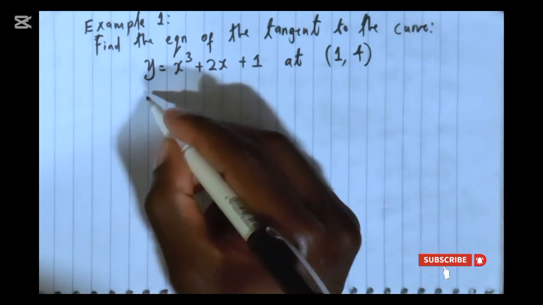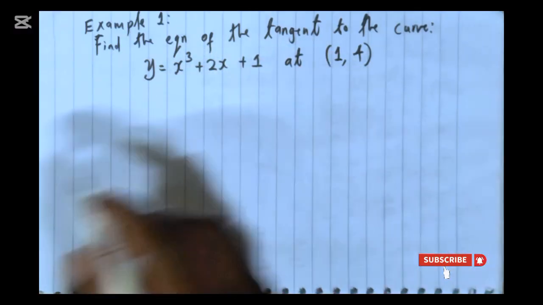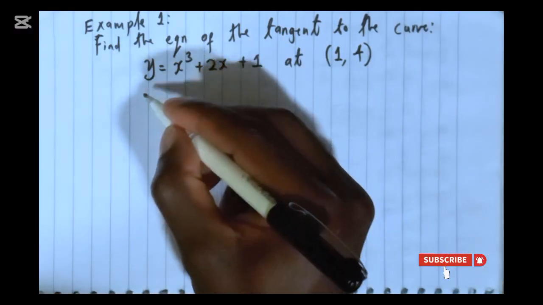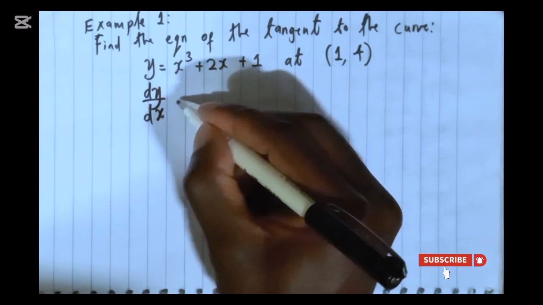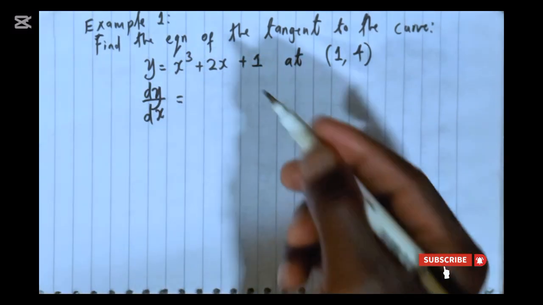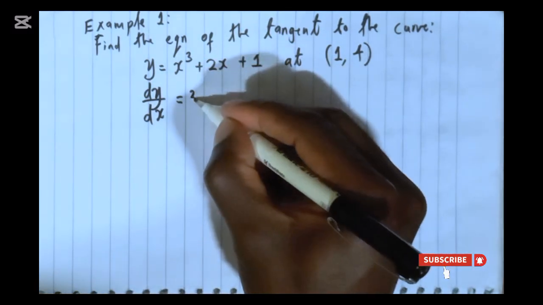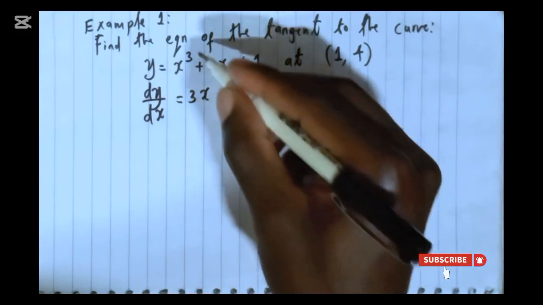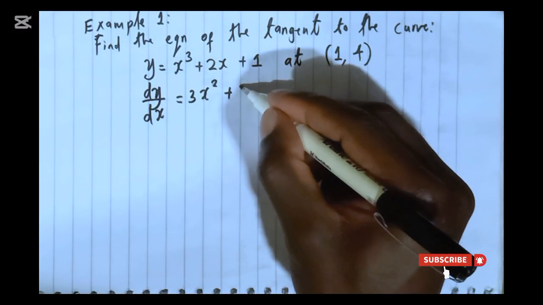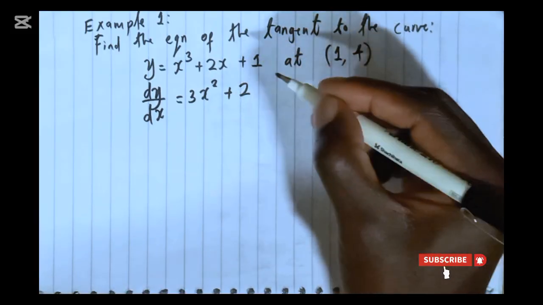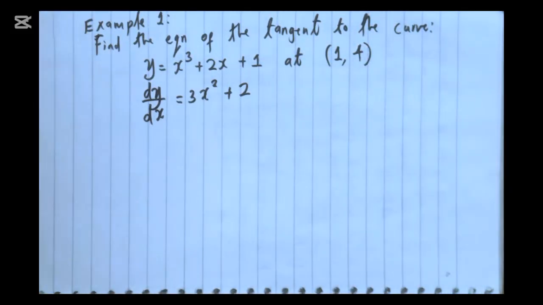All right, so for us to find the gradient function, we're going to differentiate dy with respect to x. And so this is going to be 3 times 1, that is 3, x to the power 3 minus 1, that is 2, plus 1 times 2 is going to give us 2, with 1 minus 1 giving us x raised to 0, which is just 1.